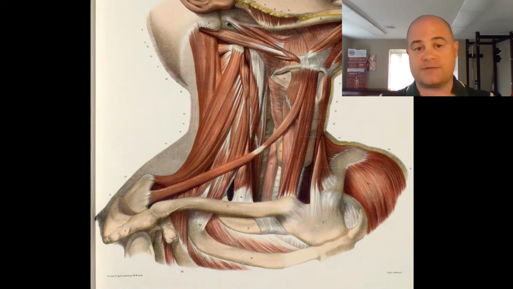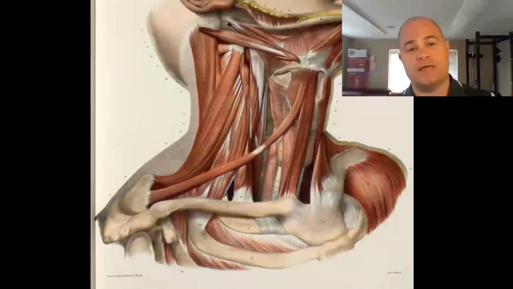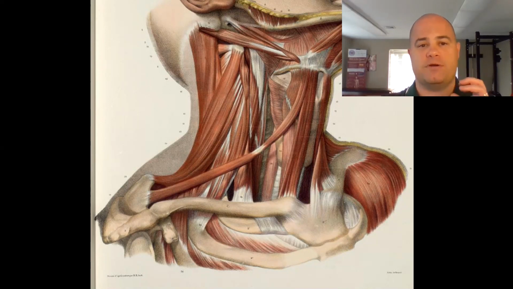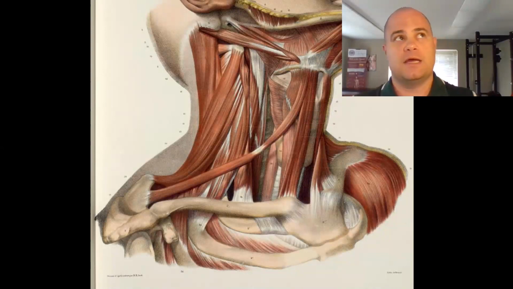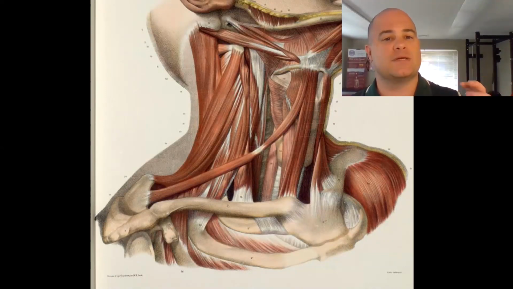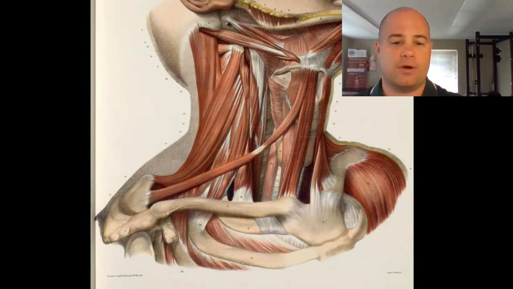If something has stability from the way the joint is made, then it doesn't need as much from the muscles. Like the hip is really stable from the way the joint is made, so it doesn't need a lot of muscular stability. The shoulder, on the other hand, needs muscular stability to operate the right way.